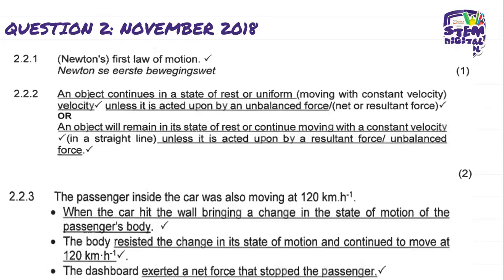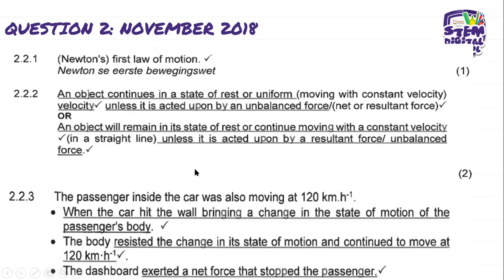The backward force is trying to change the state of motion of the body. But the passenger's body continued to move forward. Why? Because it was resisting the change in its state of motion. Hence the body resisted the change in its state of motion and continued to move at 120 kilometers per hour, meaning it continued to move forward.